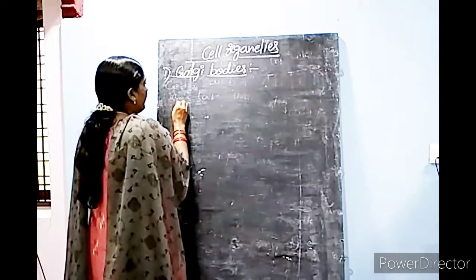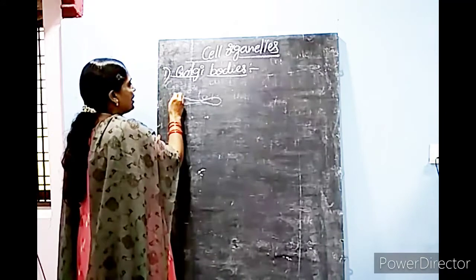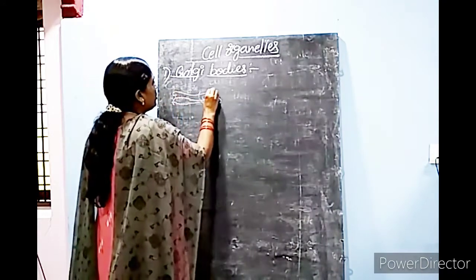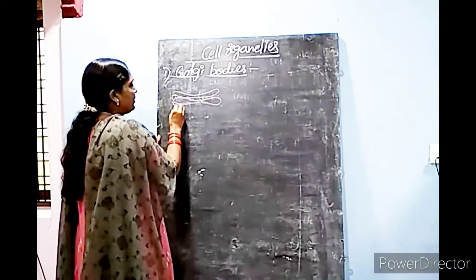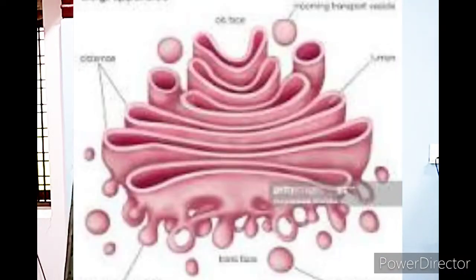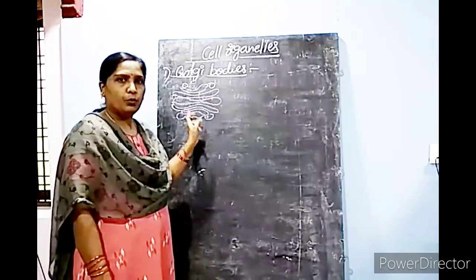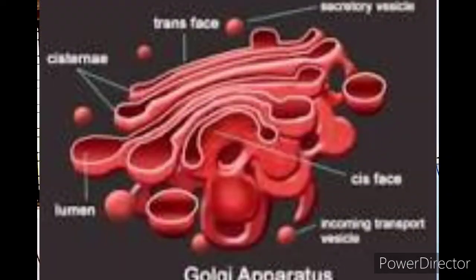They are membrane bound vesicles. Membrane bound means they are attached to the membrane. Which membrane is present in the cells? Cell membrane is present. So they are membrane bound organelles, meaning they are attached to the membrane.